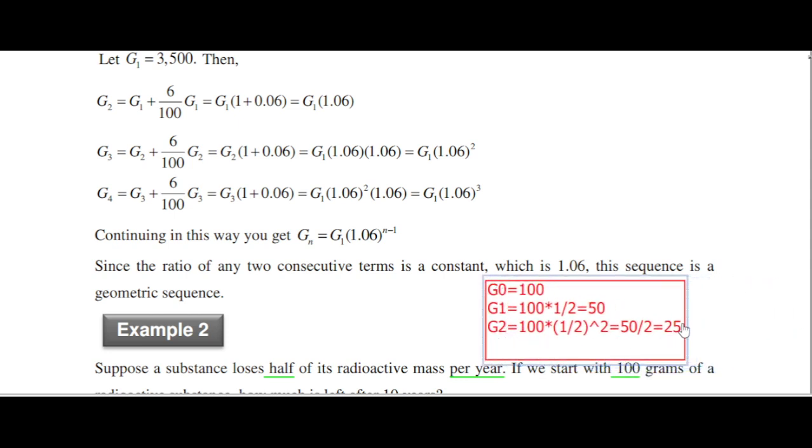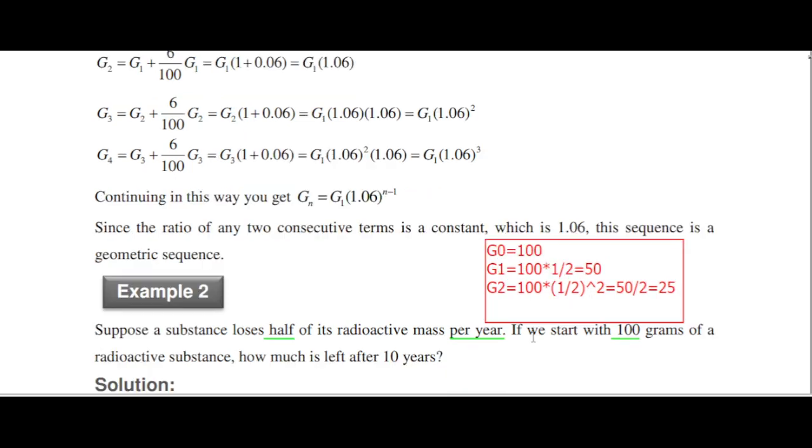Now from this we can generalize and compute G10, which is equal to 100 times 1 over 2 to the power of 10.